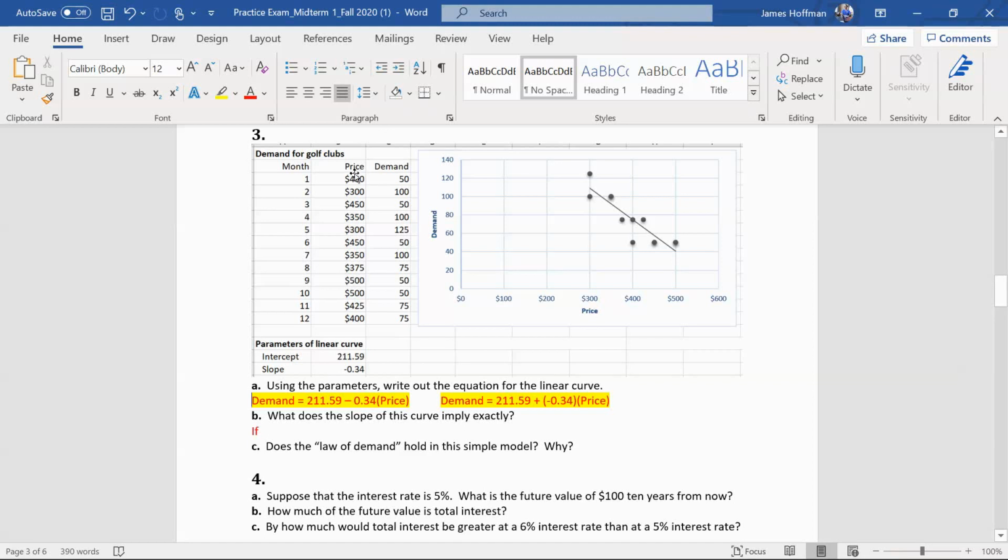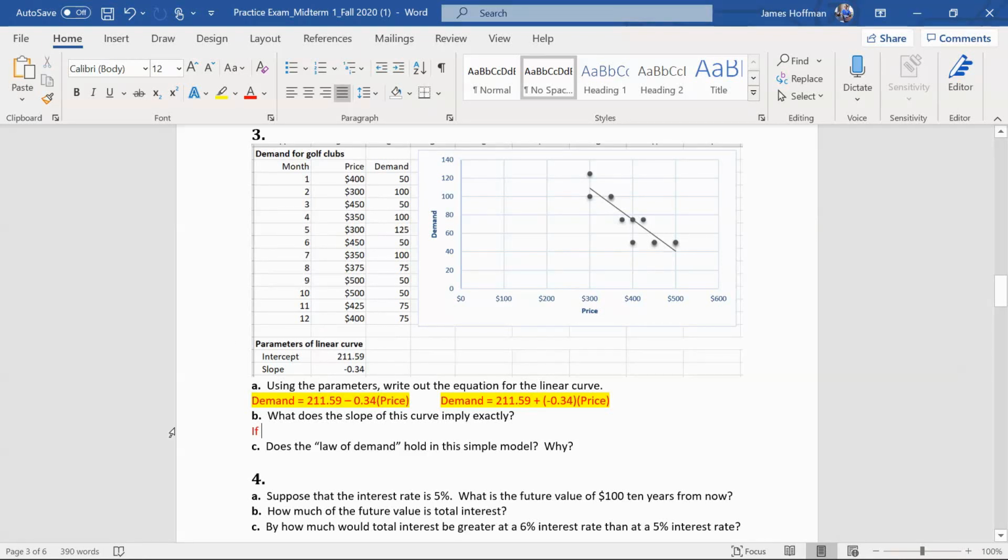So the price isn't 400 because that's the data. If the price was 400, you plug it in here, and that would say you're here. If the price was 300, you plug it in here, and that would say you're right there. Okay?